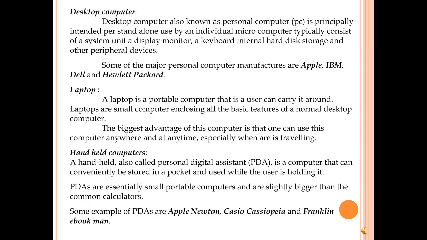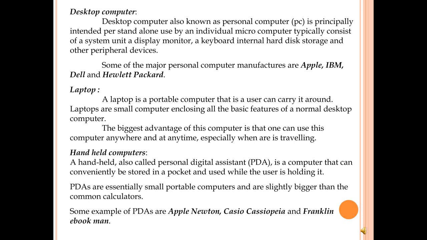After that, under microcomputers, as we have seen different forms of computers, first is the desktop computer. A desktop computer, also known as the PC, is principally intended for stand-alone use by an individual.